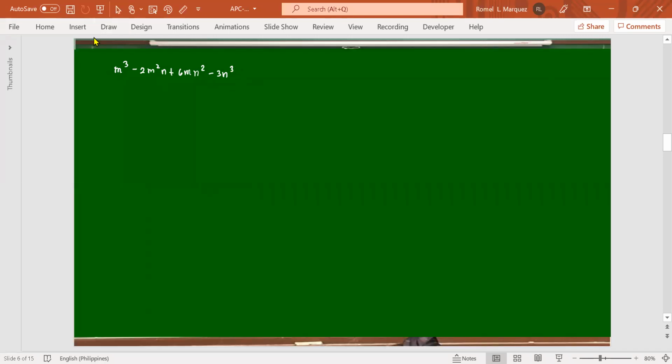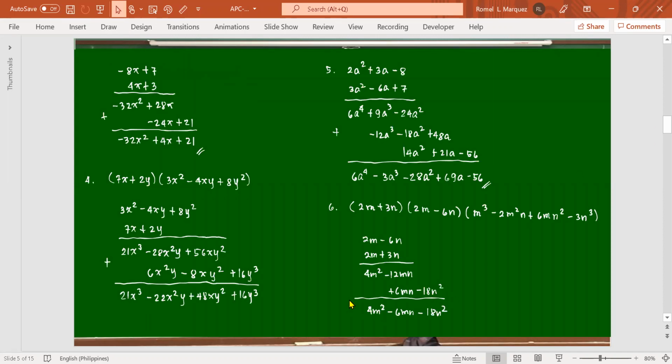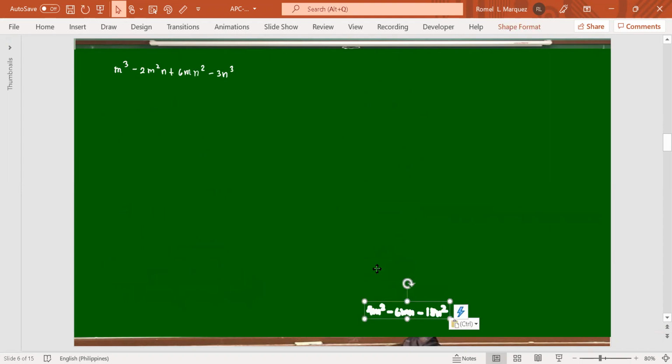So we multiply the product of the first two factors to this. So we copy this. Okay, children? Check my product, guys. First term, multiply to every term here.